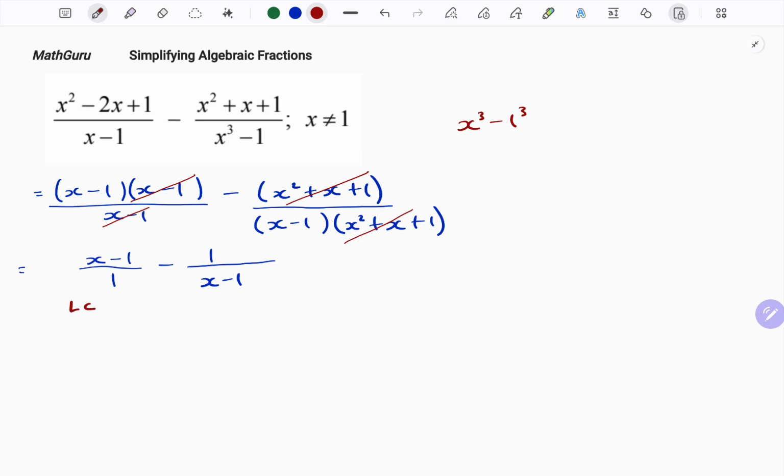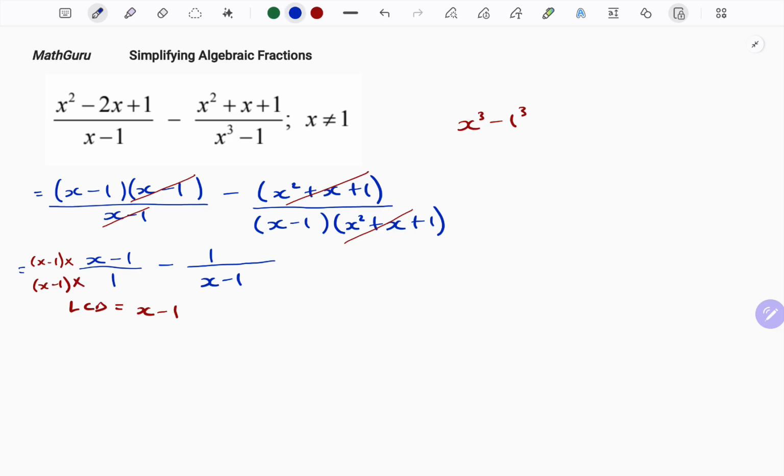My lowest common denominator in this case, or my LCD, is x minus 1. Note that my LCD will contain all the factors of my denominators. So if I look at my left hand side, I have that as divided by 1. So what I'm going to do to change the denominator to x minus 1 is to multiply both the denominator and the numerator by x minus 1.